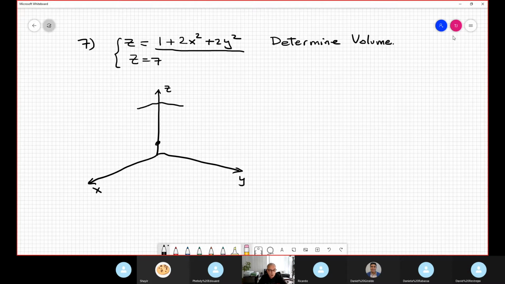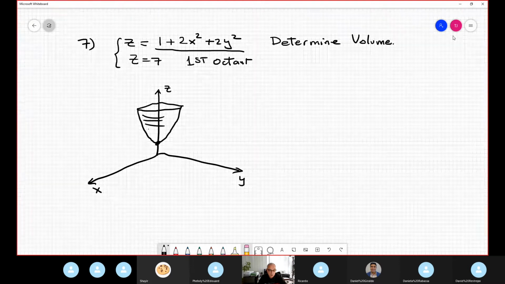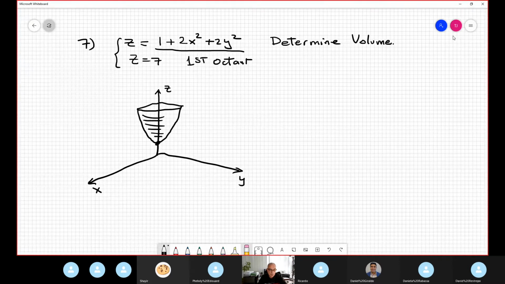I need to know only the first octant. Basically, the sketch of the paraboloid looks like that. This is the surface of the paraboloid. This is the surface of the plane. So now I want to do the triple integral.